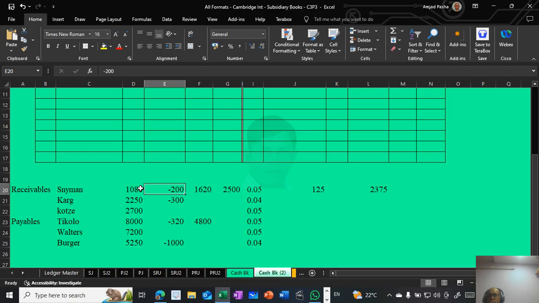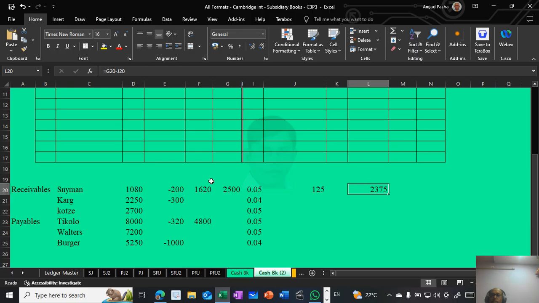Total, again we had purchased, again we had sold worth this one. So total amount is 2500. So totally 2500. We have allowed him discount of 5%. So the discount amount is 125. So the net amount 2375 we will be receiving from him.